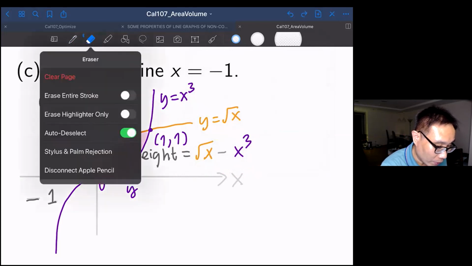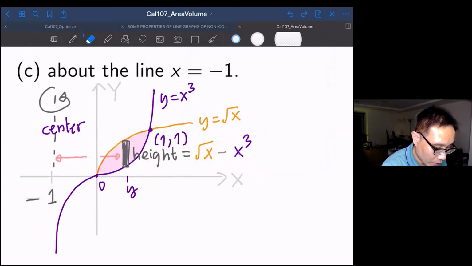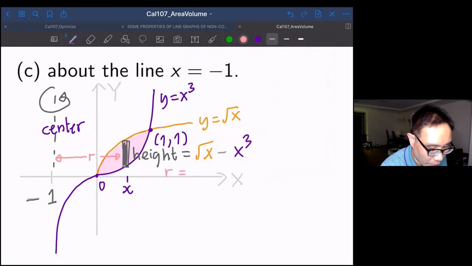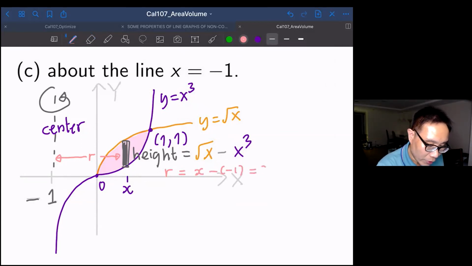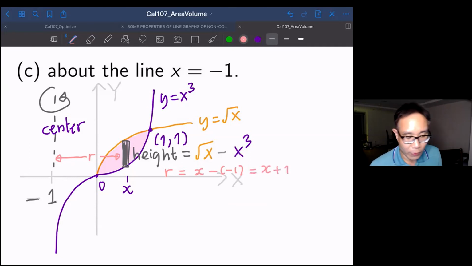So you get x. So the radius r will be x minus 1. Not y, so this guy is x. So you get the radius equal to x plus 1.